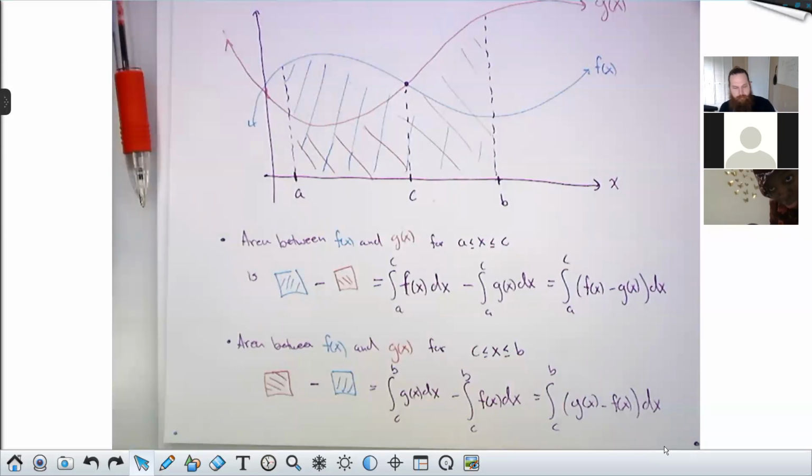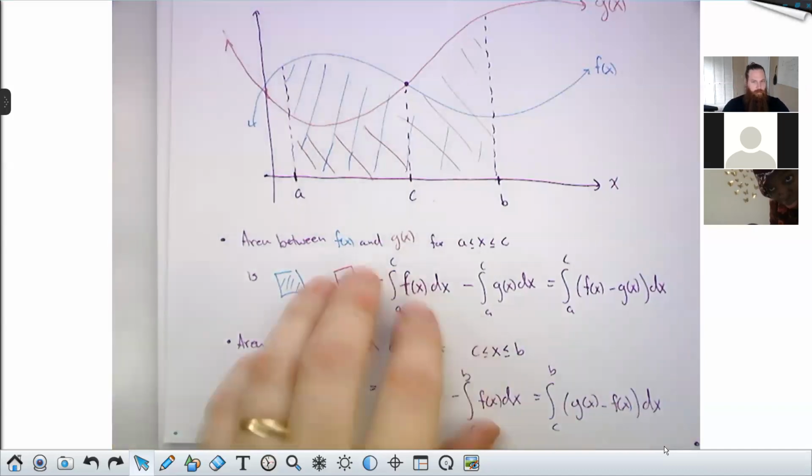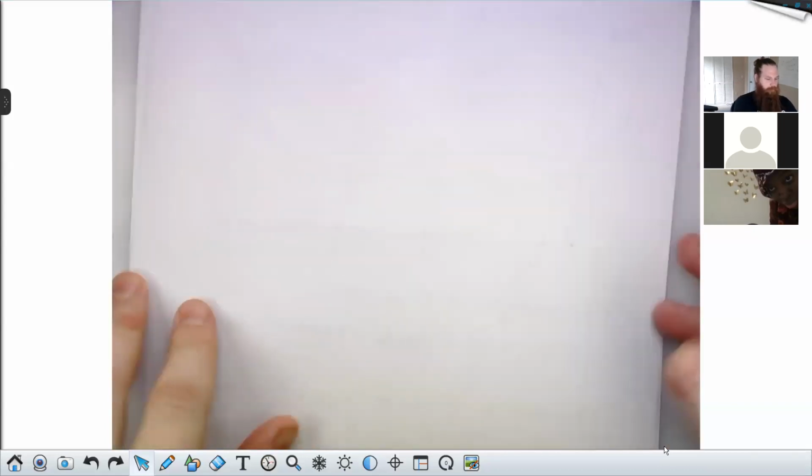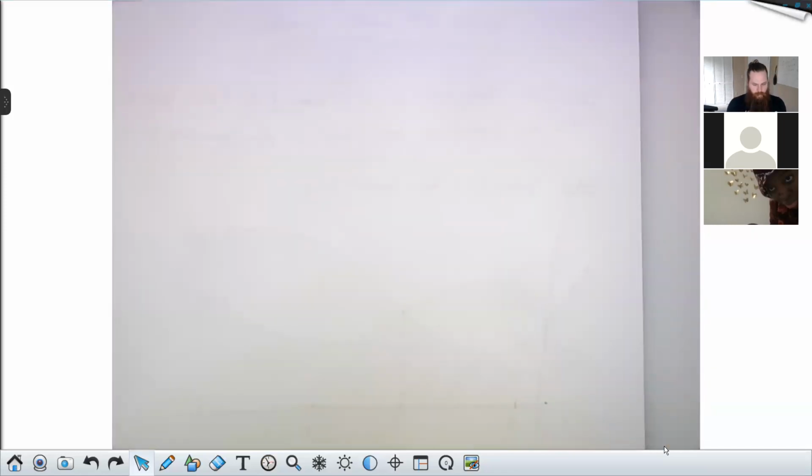Let's see if we had something that required a little substitution, but maybe we'll build up to that. Let's look at a simpler example first.